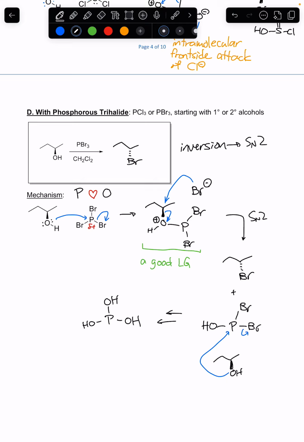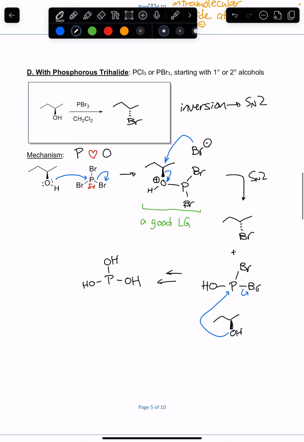And that's kind of the love story that erupts between phosphorus and oxygen. So that's kind of the driving force, and phosphorus tribromide is a good reagent for this. So now you have some tools to convert alcohol into a good leaving group. That's kind of the message today.